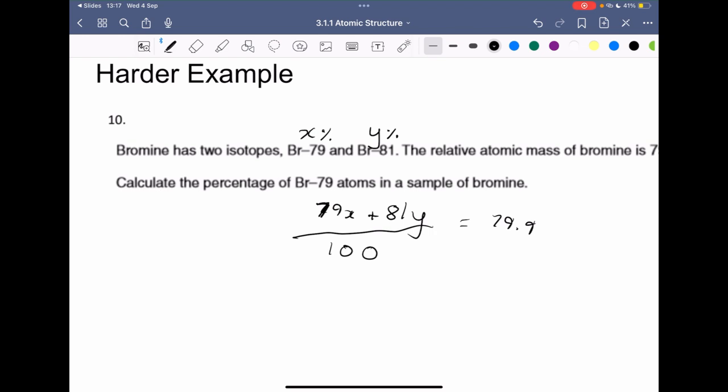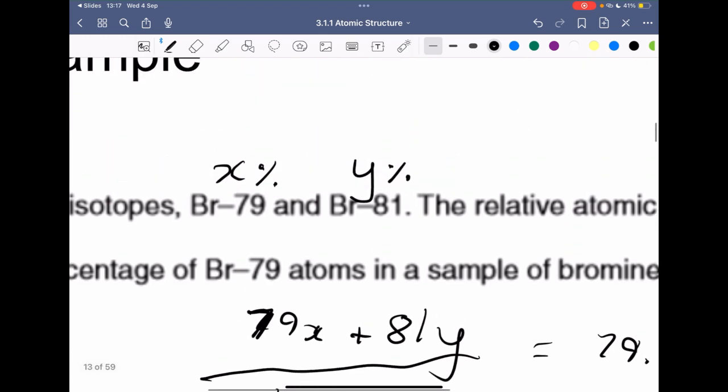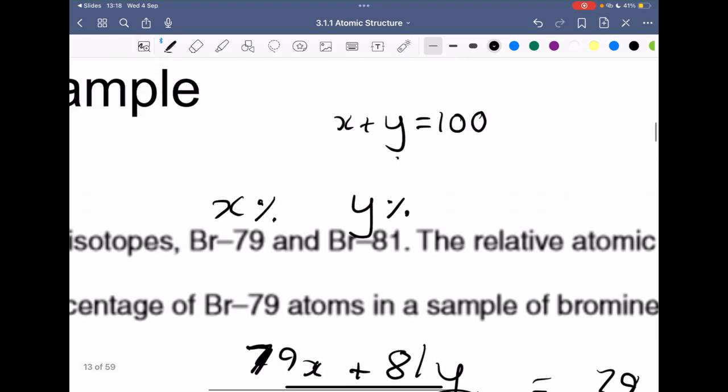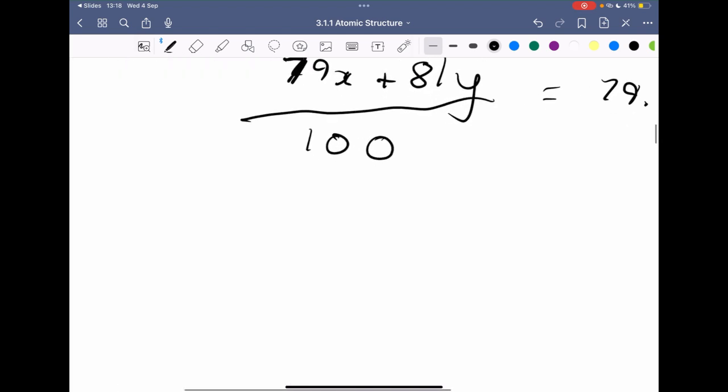Now, the problem is we have two different letters to solve and we only have one equation. However, we can make this easier for ourselves because we know one thing: percentages add up to 100. So we know x plus y must equal 100, so we can say y equals 100 minus x. Then we can sub that into the equation.